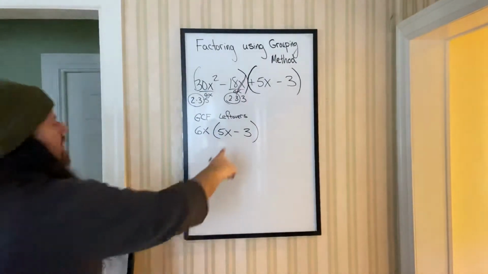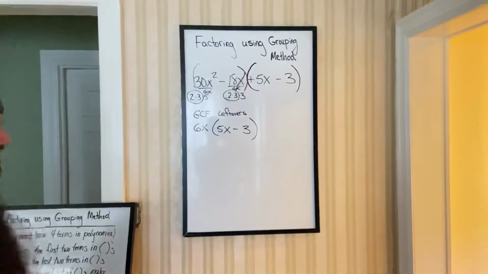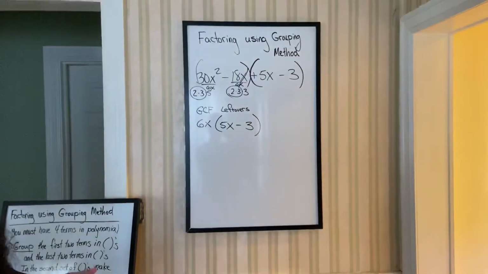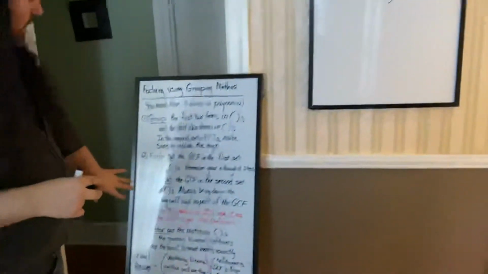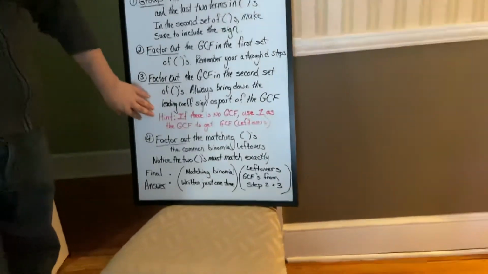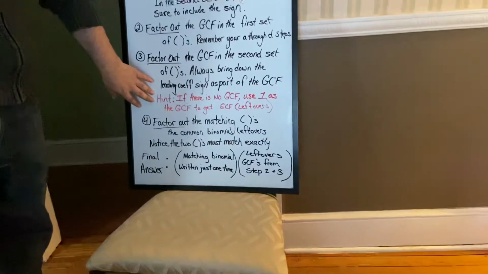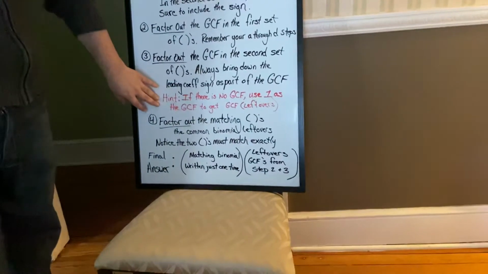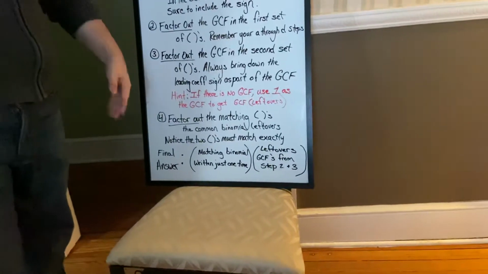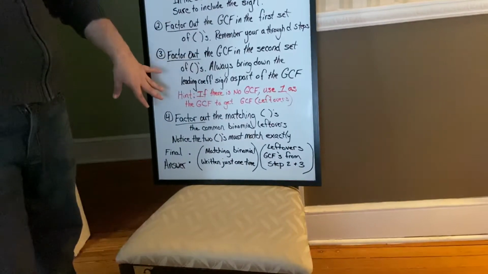And it doesn't even start with a negative, it starts as a positive. So what happens if you don't have a GCF? Well, here's our hint. Remember, in step 3, I said, hint. If there's no GCF, you want to use 1 as the GCF. So anytime there's not a GCF, technically 1 is the GCF.